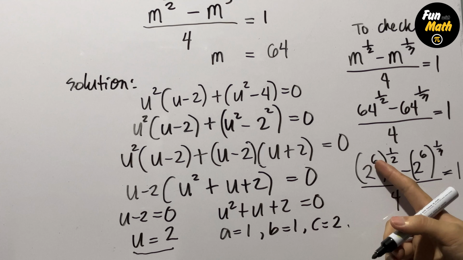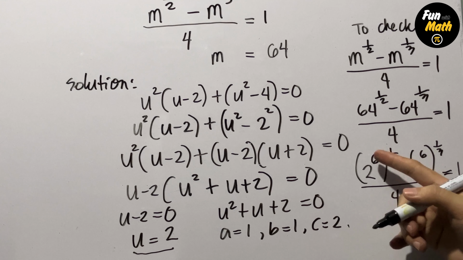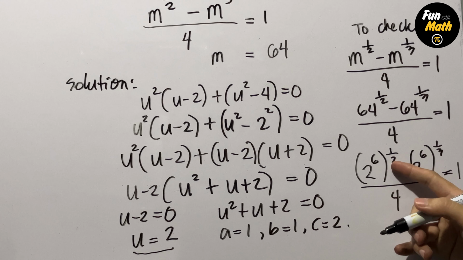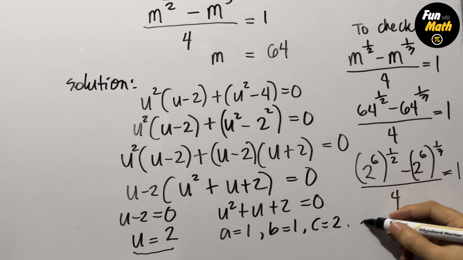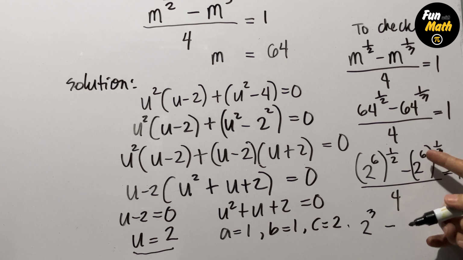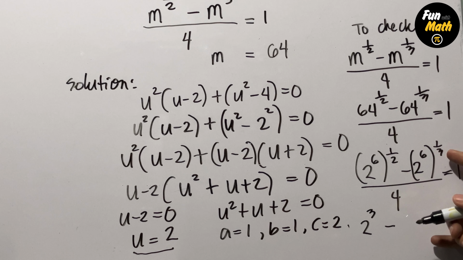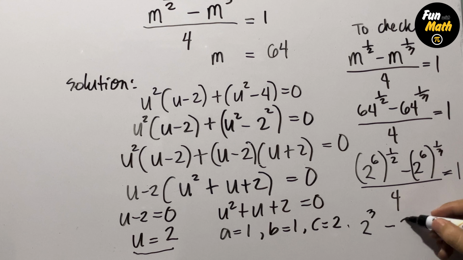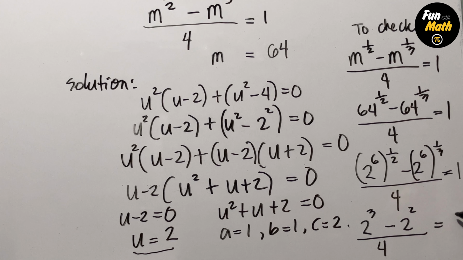Now, 6 times 1/2, that's 6 over 2, and 6 divided by 2 is 3. So this is now 2 to the power of 3 minus this one, 6 times 1 over 3, that's 6 over 3, and 6 divided by 3 is 2. So this is now 2 cubed minus 2 squared, all over 4 equals 1.